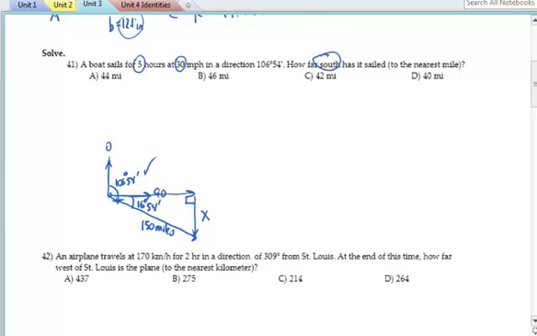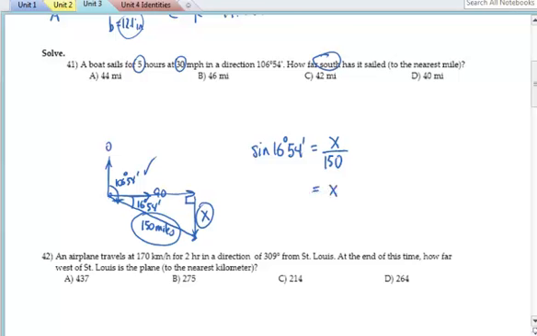Now I'm going to use right triangle trig, and consider the sine ratio. The sine of 16 degrees 54 minutes is equal to x divided by 150.